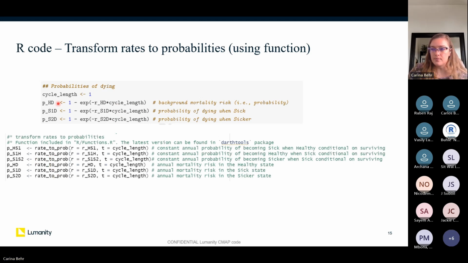What I want to show here is that these 3 rows of code do the exact same as these 3 rows of code. Here we have a predefined function called rate to probability with 2 inputs, the rate and the time step, which is the cycle length.